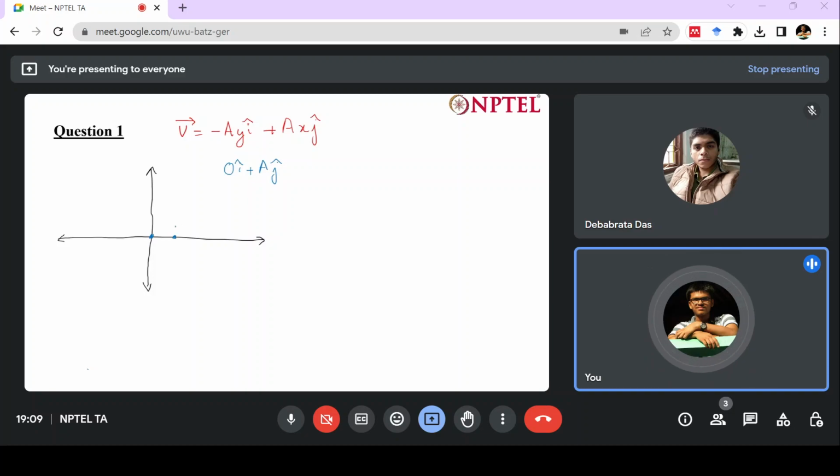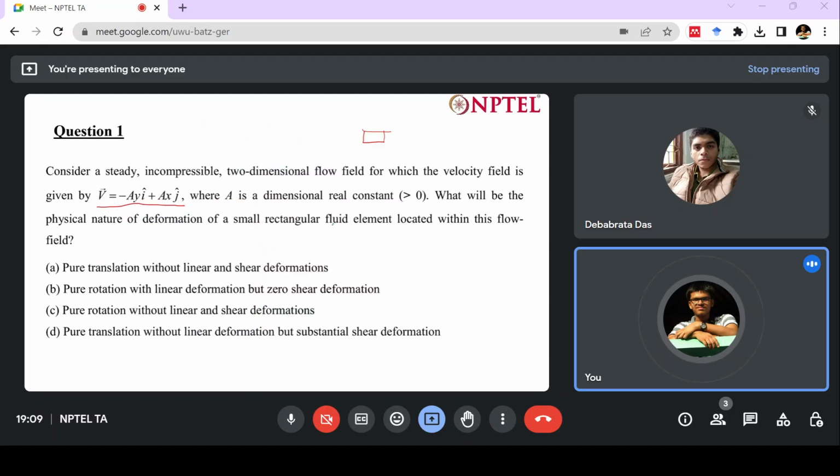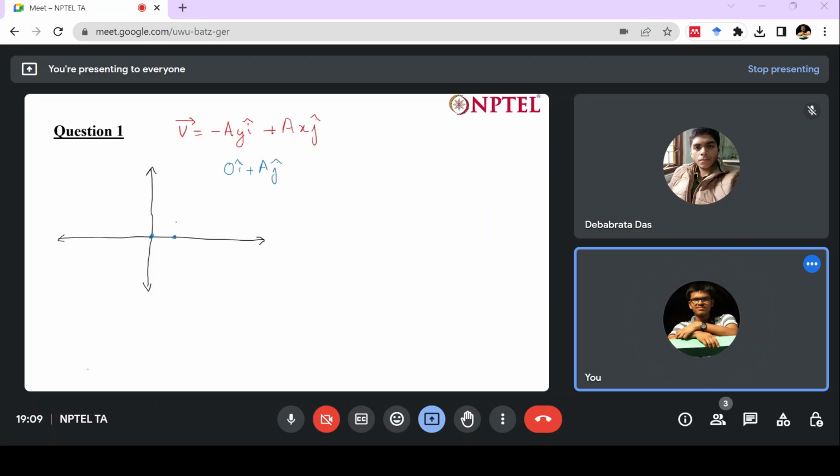A is already mentioned to be a positive constant. So we know the direction of this velocity. We may not know the magnitude because we don't know the value of A, but we definitely know that it is pointing in this direction. What about this point, 0 comma 1? Here y is 1, so this will be minus a i cap, because this portion is 0.